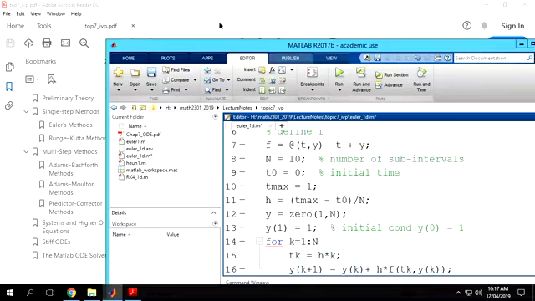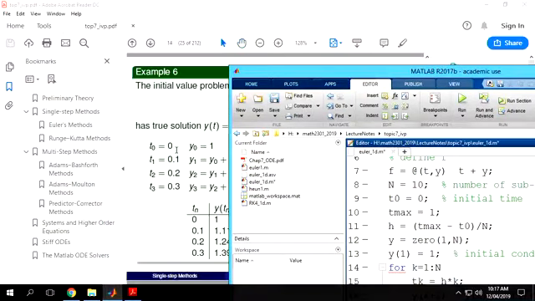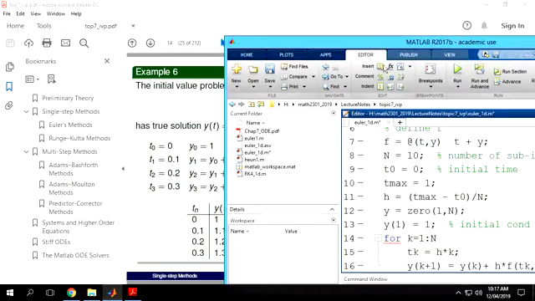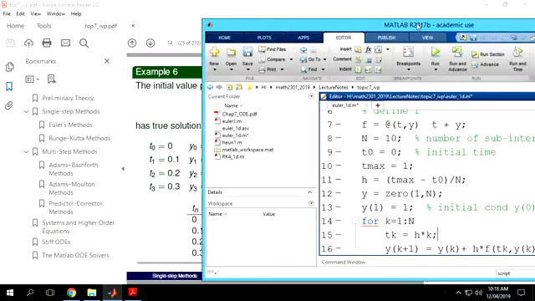So now when t equals 0, no, I mean k should run from 1 to n, that is correct. So t1 is 0.1 times 1, so it's correct. So t2 is 0.2 times, so it's correct. Only we have to shift y k plus 1 because the vector y cannot start from 0.